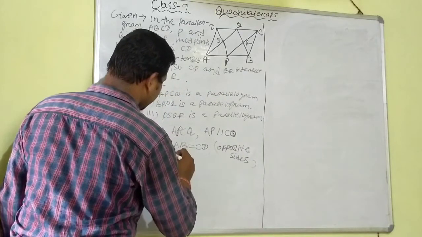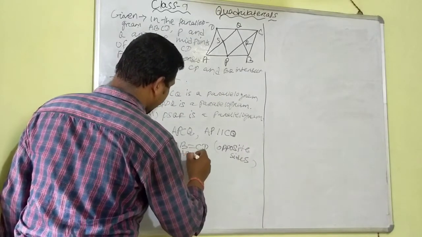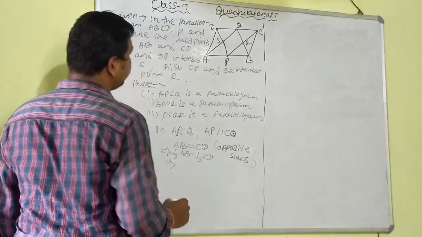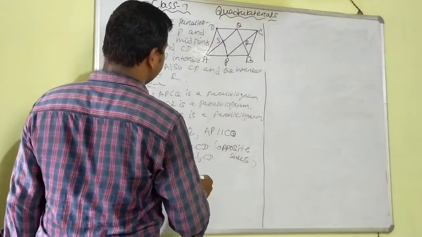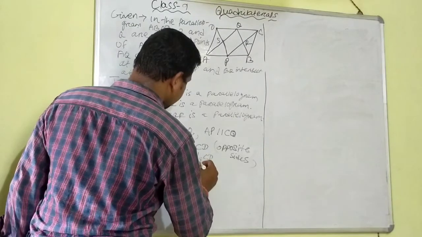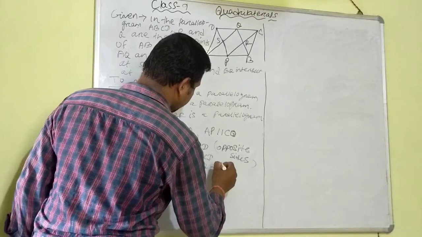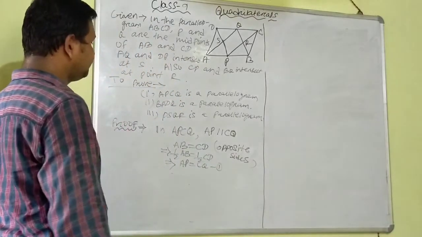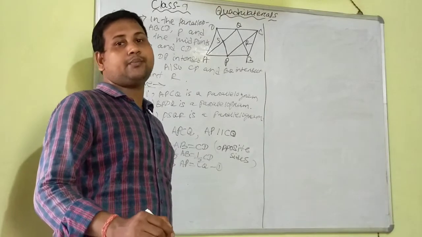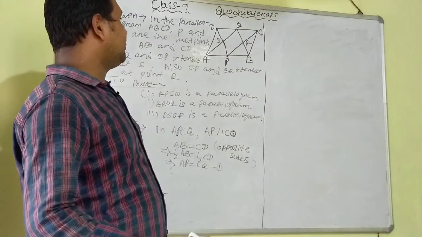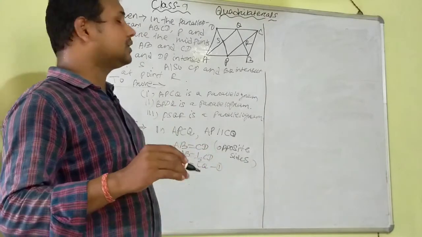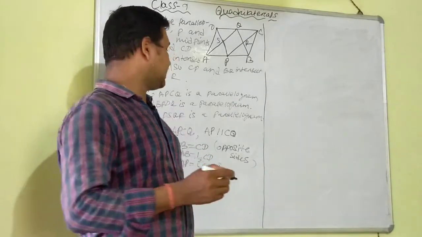Half of AB equal to half of CD. Half of AB we can take as AP and half of CD we can take as CQ. We know according to theorem 8.8, if a pair of opposite sides are equal and parallel to each other, then this is a parallelogram.